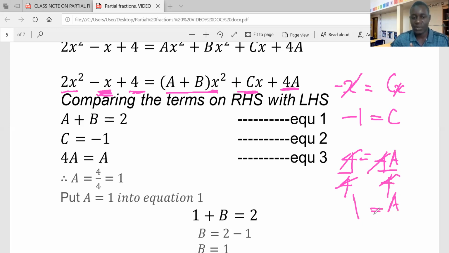So the answer for a is gotten, and the answer for c is gotten. All we need to do now to find b is to substitute a into equation 1. Substituting a as 1, we'll be able to solve for b. So 1 plus b equals 2, and b equals 2 minus 1. That gives us the answer for b as 1.